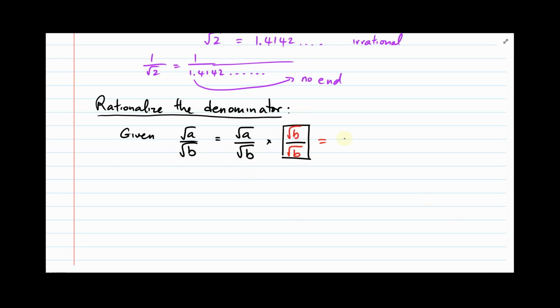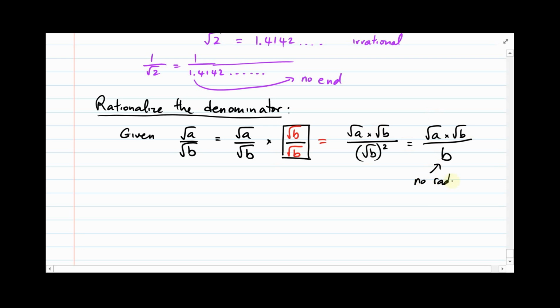And so what I end up with is root A times root B in the numerator. I don't really care about the numerator; I know how to simplify those. But in the denominator, square root of B all squared, what is that? That's simply B. So I have obtained something with no radical, no surd, in the denominator.